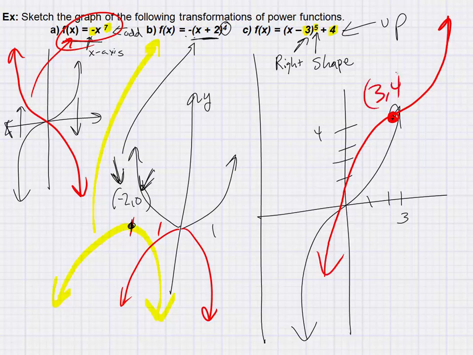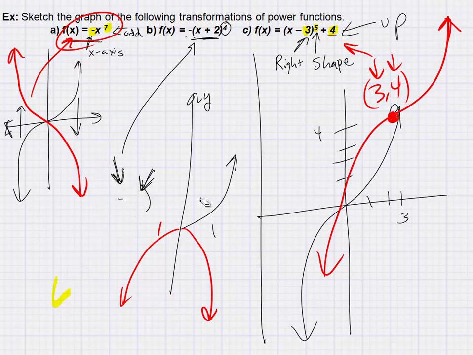I plug (3, 4) in. So if I plug 3 in to the function, do I get 4? Yes. 3 minus 3 is 0, to the 5th is 0, plus 4 is 4. So I moved it in the right location. This idea of transformation should not be a new concept, and it's something we're going to use a lot as we move through the semester when it comes to graphing certain types of functions.